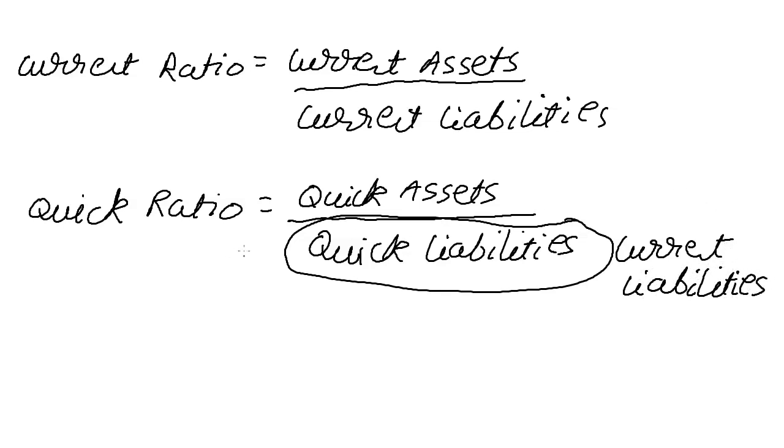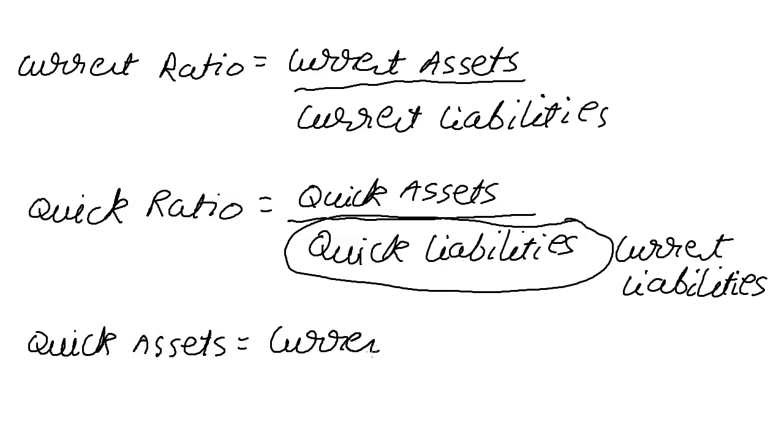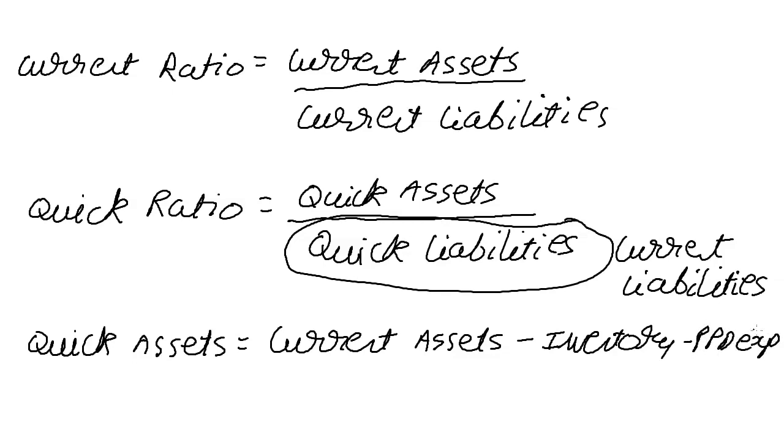The formula for quick assets is all the current assets except for those things you cannot easily convert into cash. So you think about inventory. Even if you have a 90% sale, not everything will sell. Similarly, you think about prepaid expenses. Once you make that prepayment, let's say on your SIM card, the mobile company is never going to give you money back. You have to use the balance.